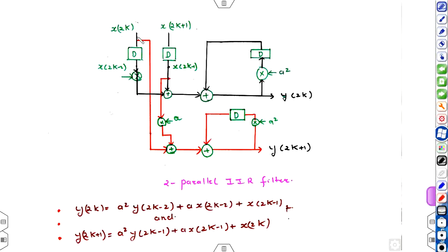So x of 2k delayed by one cycle will give x of 2k minus 2, that multiplied by a. Okay, so x of 2k plus 1, when it is delayed by one cycle, the output of this delay element will be x of 2k minus 1. So this is added to this term. So this represents the first equation.